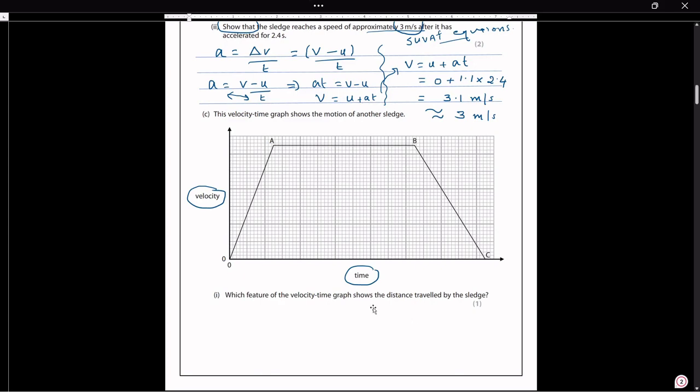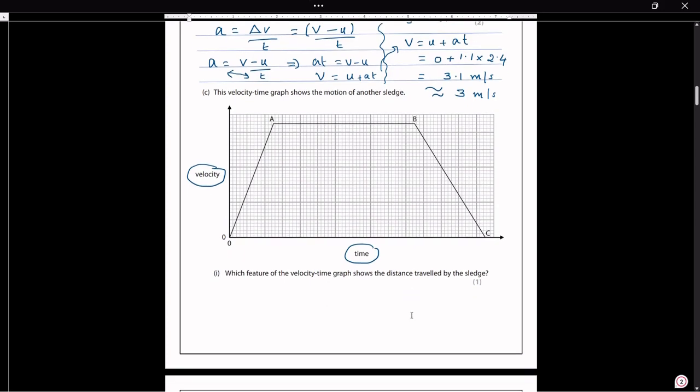Now, the question is, which feature of the velocity time graph shows the distance traveled by the sledge? From the velocity time graph, we can even calculate the distance traveled by the body. So which feature of the graph? How do you calculate? This is what they are asking.